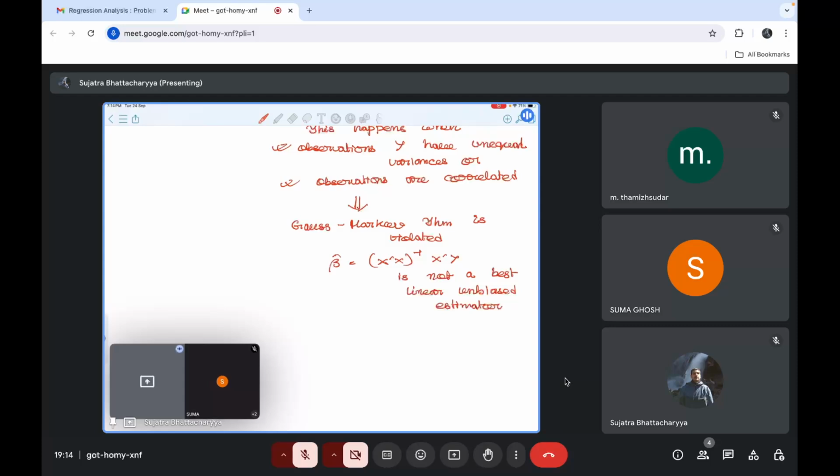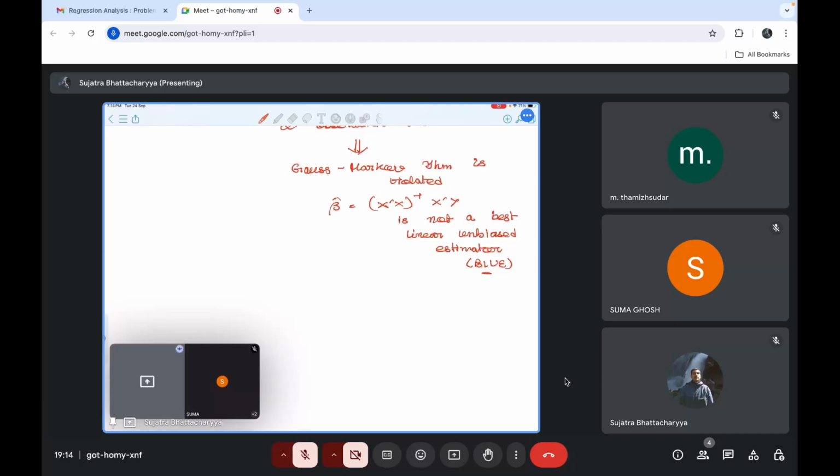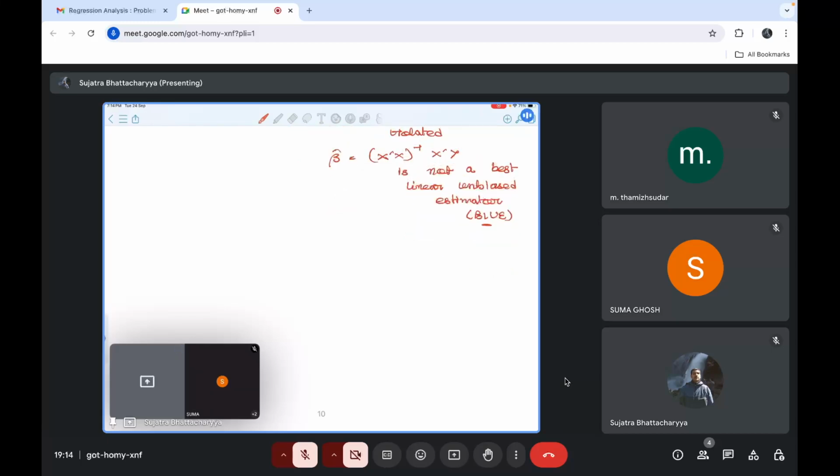The best linear unbiased estimator is sometimes called BLUE. So this is one of the points. Now, how do we get out of this and find a beta hat which will be a best linear unbiased estimate? For that, everything is there.